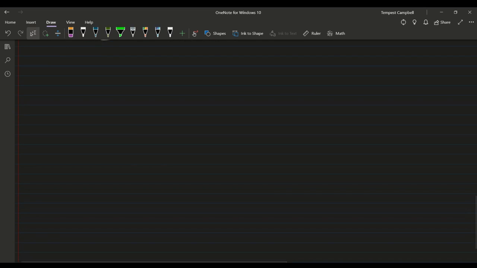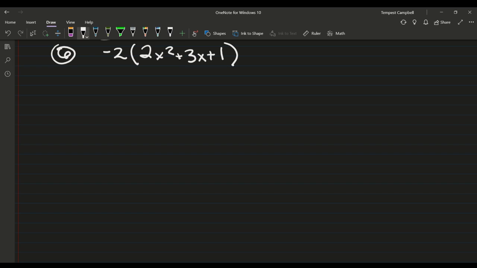Okay, next problem, number 6. So number 6, we have a negative 2 out front times the quantity 2x squared plus 3x plus 1. And what do we get? We're going to take our term on the outside and we're distributing it to each term on the inside of our parentheses.